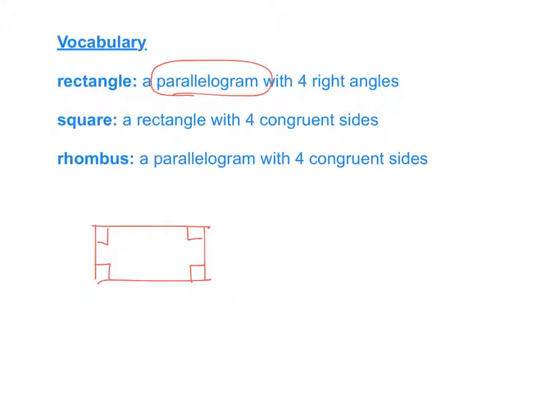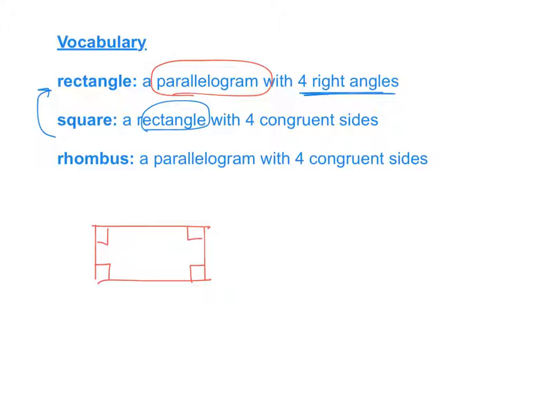Okay, moving along. A square is a rectangle with 4 congruent sides. So by calling it a rectangle, what does that mean? It means it's a parallelogram. It means it has how many right angles? 4 right angles, right? Because it has to have all the requirements of a rectangle, but it has something extra. What else does it need to have? 4 congruent sides.